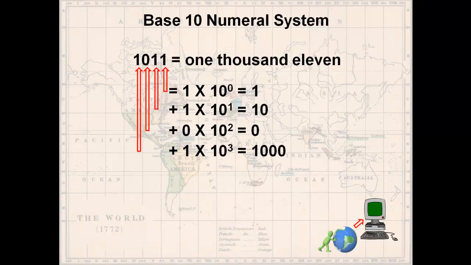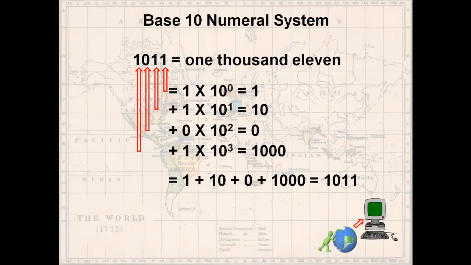You add up all of those and you get 1011. So you'll notice that this placeholder is the placeholder for the 0th power, this for the first, the second, and the third. The 0 or the 1 binary digit is multiplied by the base to that power. That's how you do base 10.